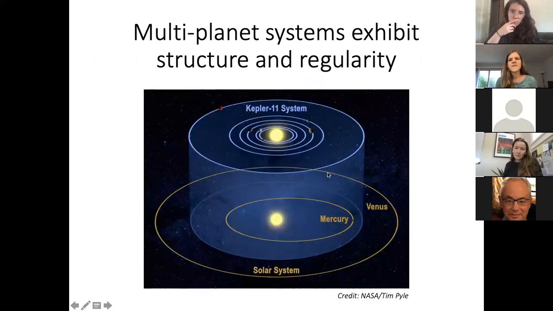So these systems of multi-transiting planets exhibit a lot of interesting structure and regularity. One of the quintessential examples of these types of systems is the Kepler-11 system, which was discovered back in 2011, hosting at least 6 planets. So the system is really compact and the orbits are extremely circular and flat.